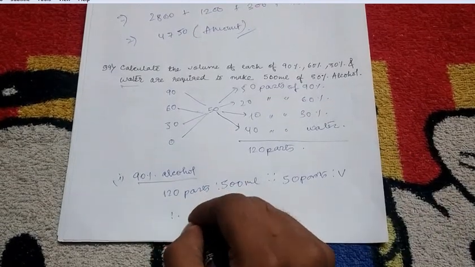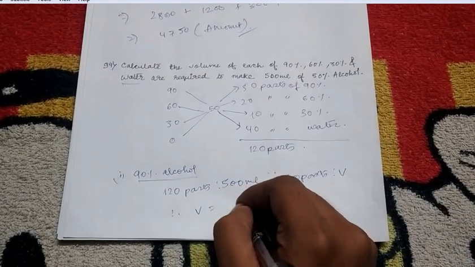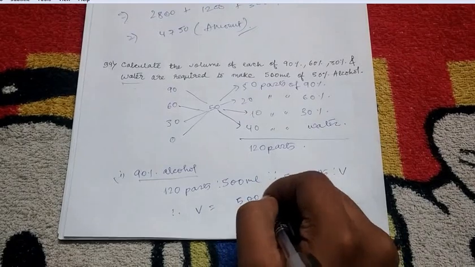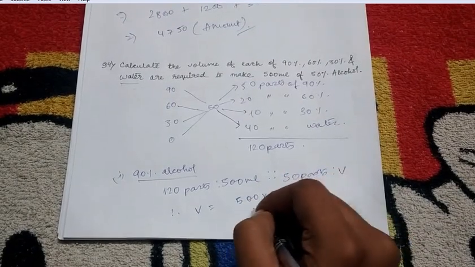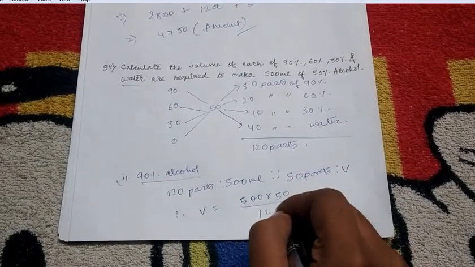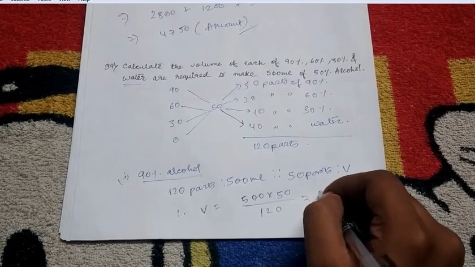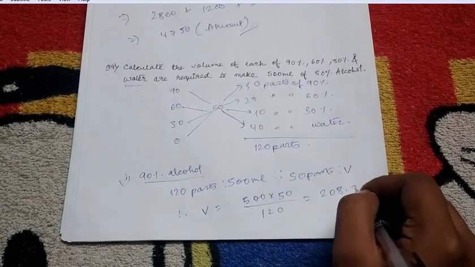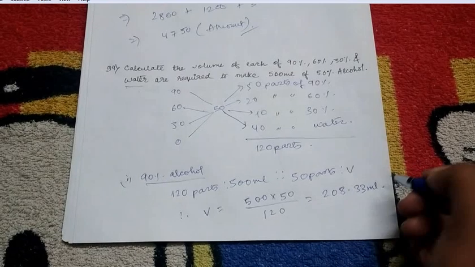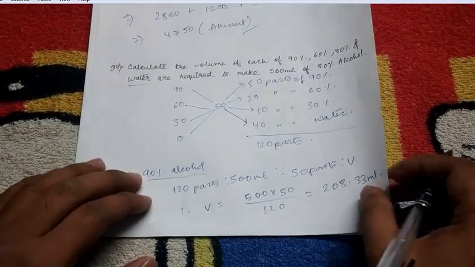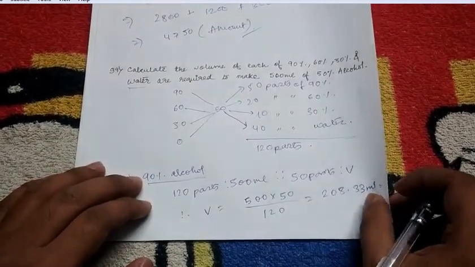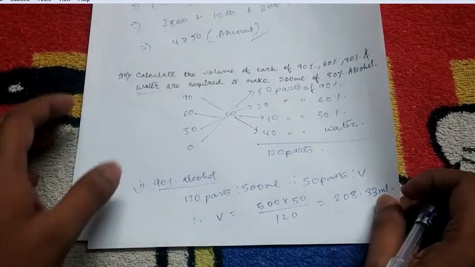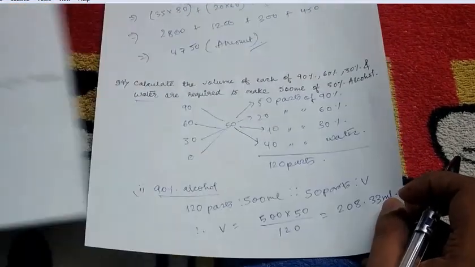So therefore V equal to 500 into 50 by 120, that is 208.33 ml. You have to go for the approx answer in the answer sheet when given in the questions.